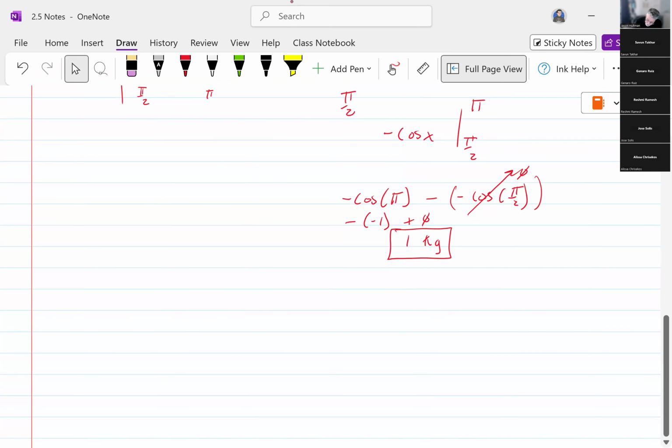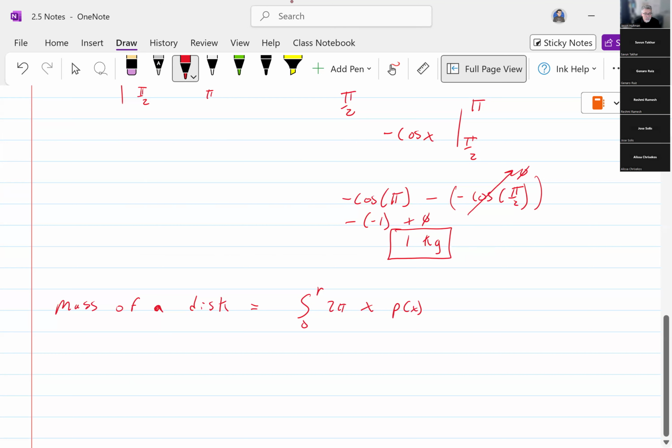Okay, how do we find the mass of a disk? It wasn't a rod, but a disk. That would be the integral from 0 to r of 2 pi x times the density P of x dx, where r is the radius of the disk, how far out it goes.